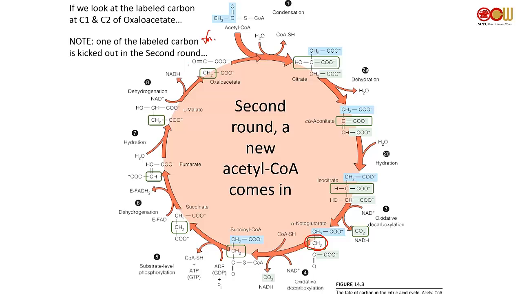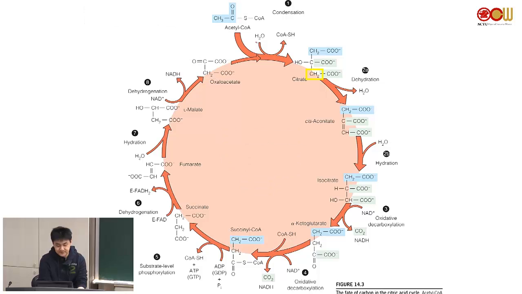All right, so 1 of the labeled carbons from the first round is kicked out in the second round. And by the third round, it's here, it's here, it's here, it's here, still there.